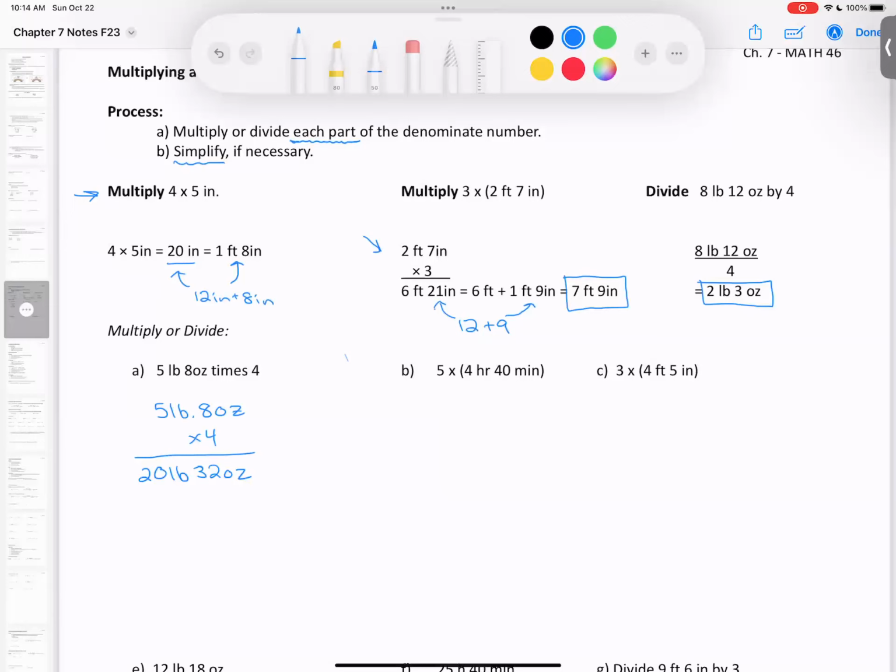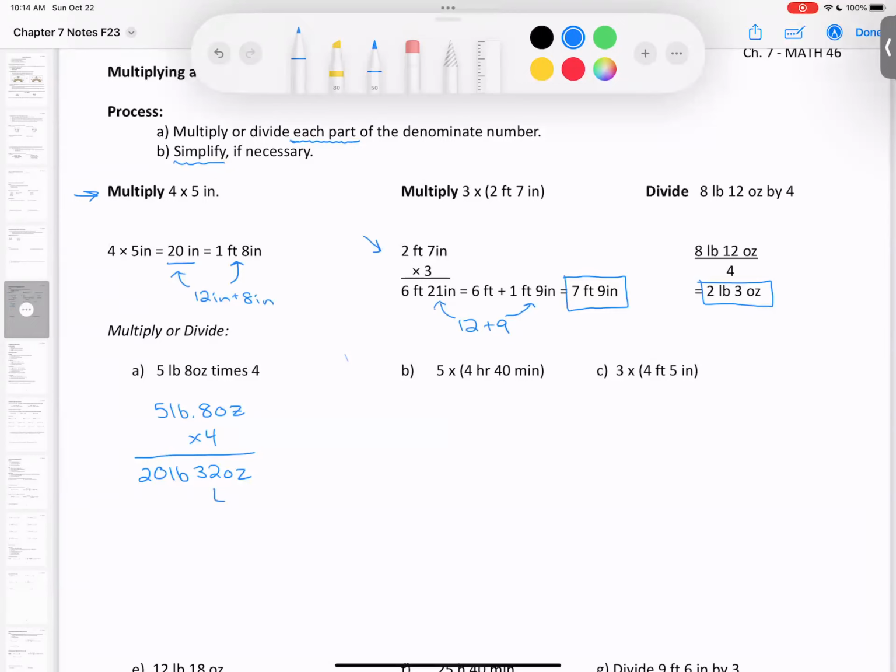Now here we can simplify further, because how many ounces are in a pound again? If you're not sure, take a look at your conversion factors formula on your formula sheet. It's page 5 or 6 in there. On the left-hand side, you have your English or imperial units of measure, which is what a pound is. So go down to the weight category, and you will see there that 1 pound is 16 ounces.